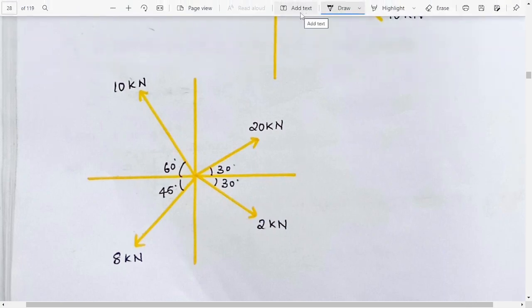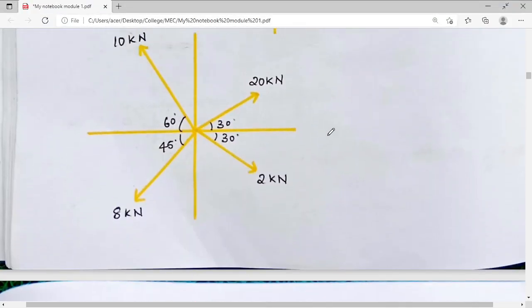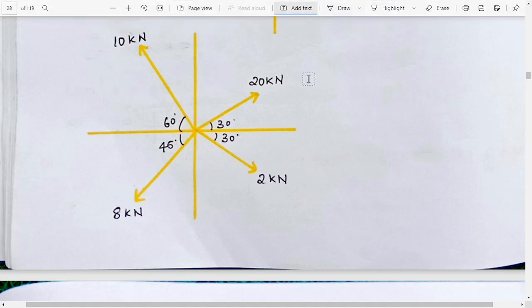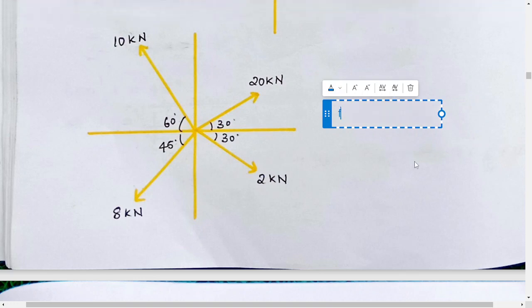So in this case Fh will be equal to 20 cos 30 plus 2 cos.